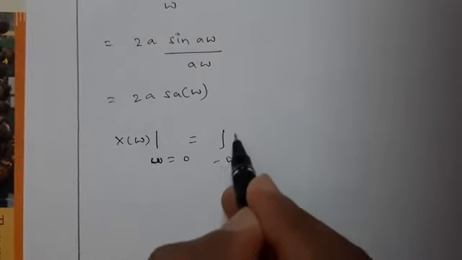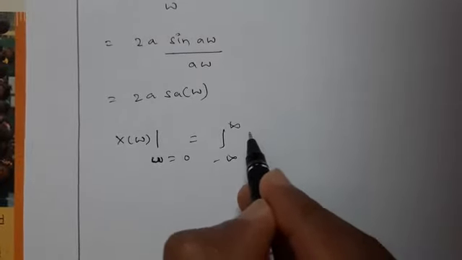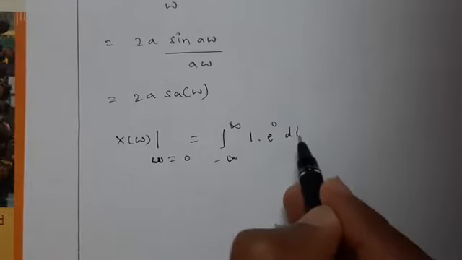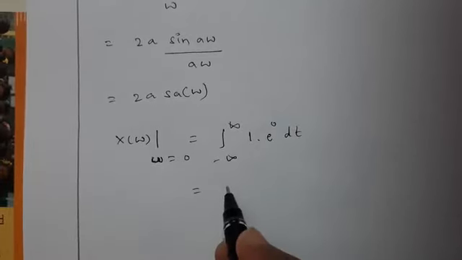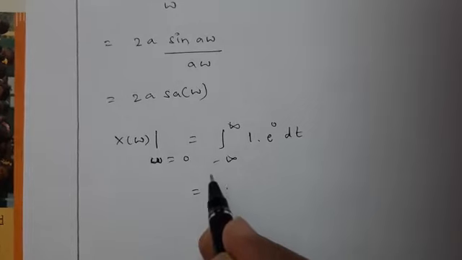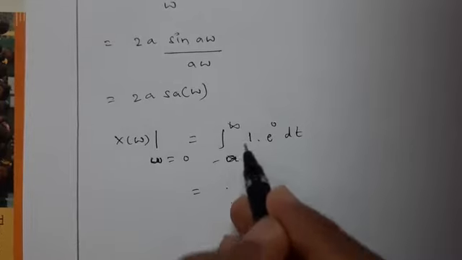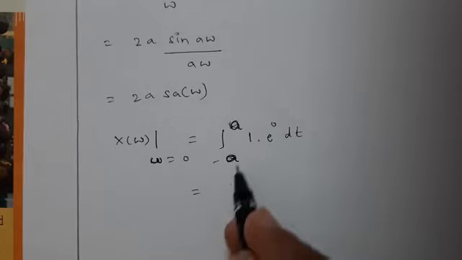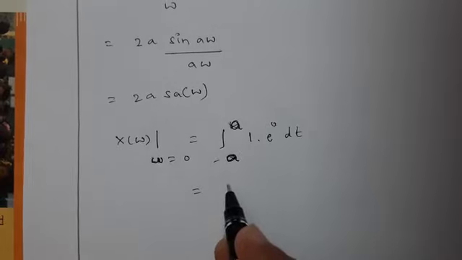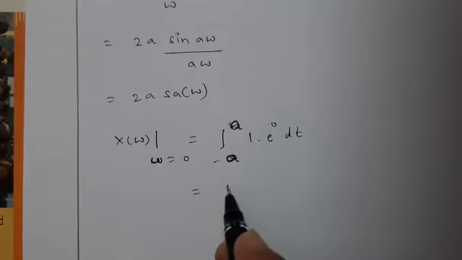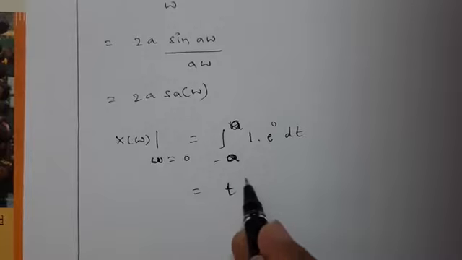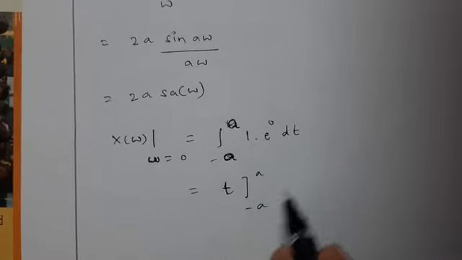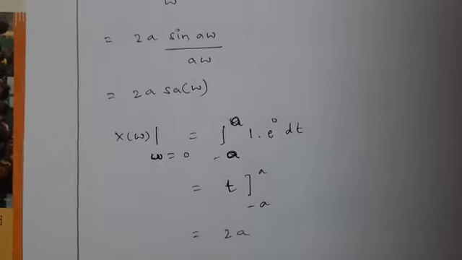This is the integral from minus infinity to plus infinity of x of t e to the power 0 dt, which gives you, minus a to plus a. The limits I will substitute here itself. One more step I am avoiding, which is the integral of e to the power 1 dt. This is t from minus a to plus a, which is 2a.